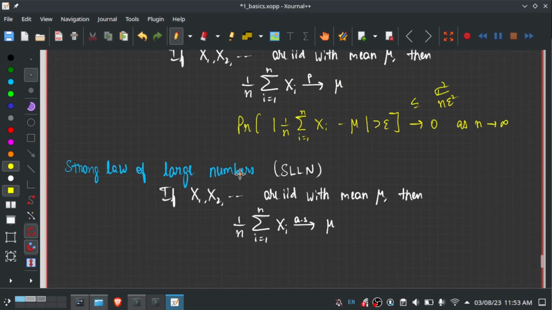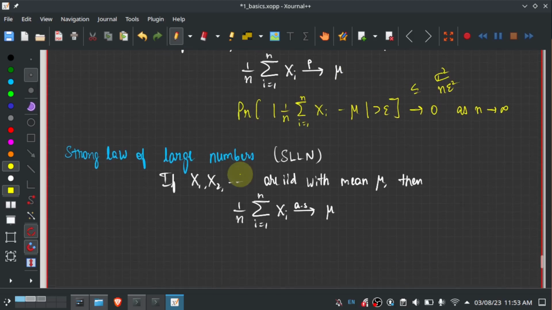And that will allow us to prove something stronger, what is called the strong law of large numbers, which says that if X1, X2, X3, and so on are IID with a finite mean mu, then the sequence of empirical averages converges, in fact, almost surely to mu.